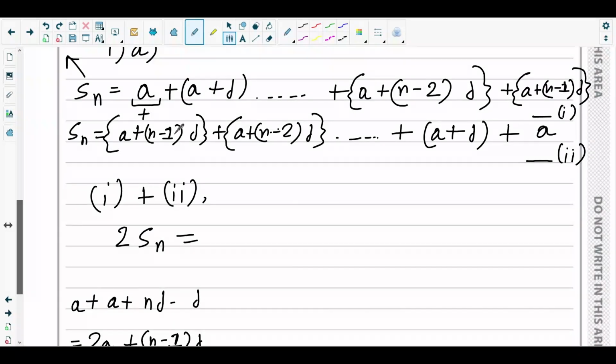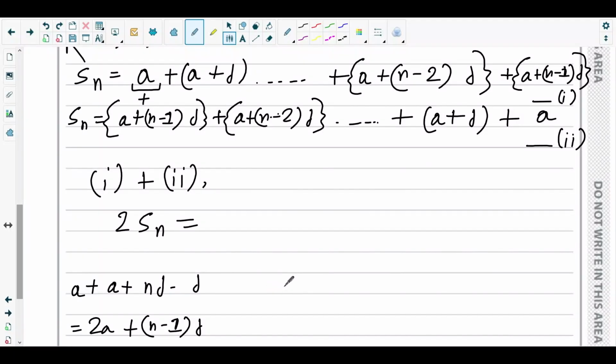Same goes for the first term of both equations. Now consider the second term of both equations. A plus d plus A plus nd minus 2d gives 2A plus nd minus d, since d minus 2d is just negative d.